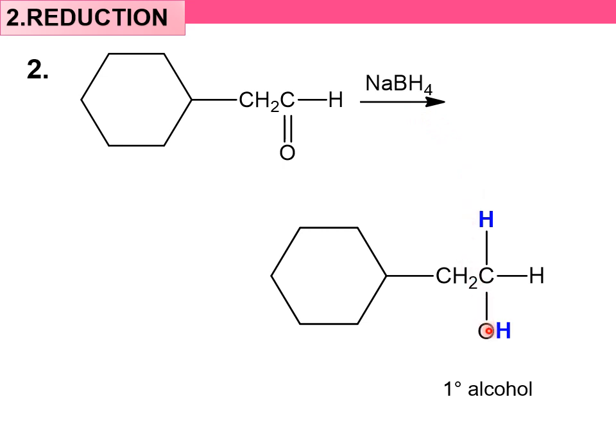We are going to get again a primary alcohol, as we are going to attach the H+ at the carbonyl oxygen, and then the double bond is going to be used to form another single bond together with another proton from the reduction reagent.